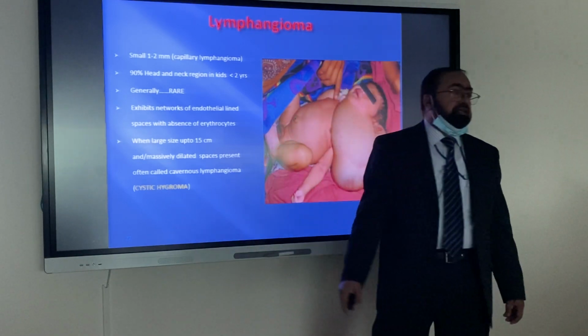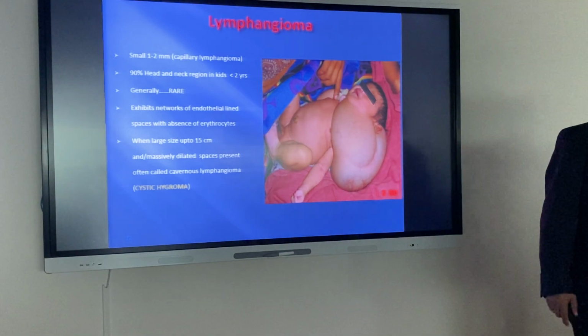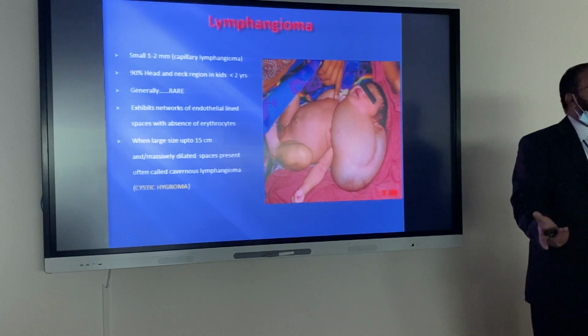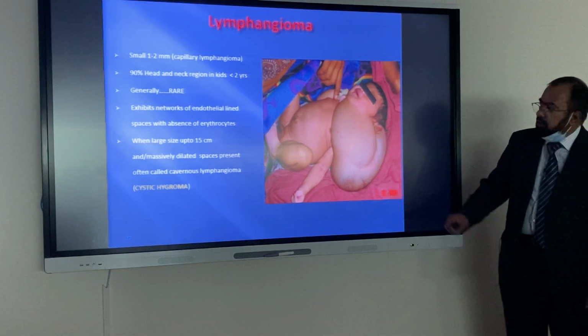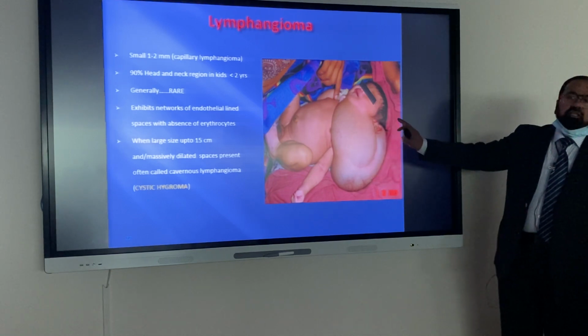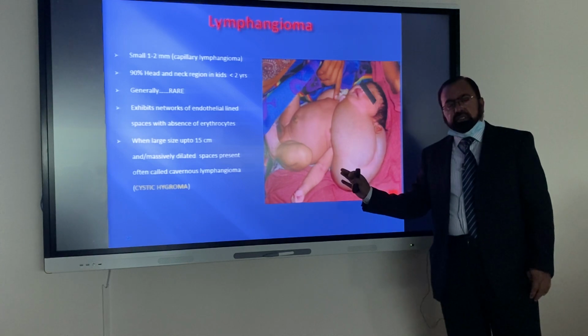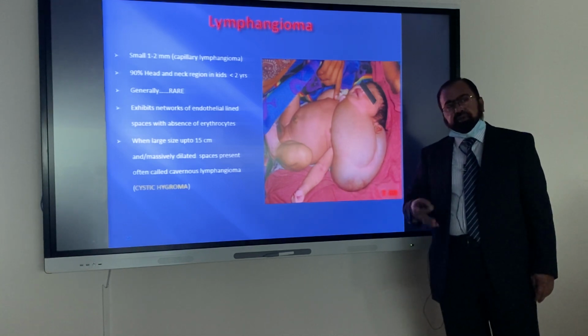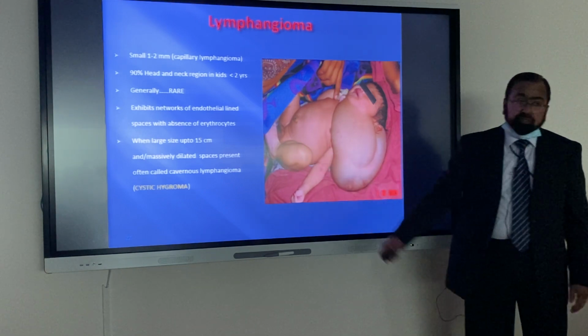One and the same thing, cystic hygromas, and they are usually seen in children, infants, newly born. And if he is a good surgeon, once they take this out, the baby becomes absolutely alright. So lymphangiomas are basically an inborn defect. Lymphangioma, cavernous, especially cystic hygromas.